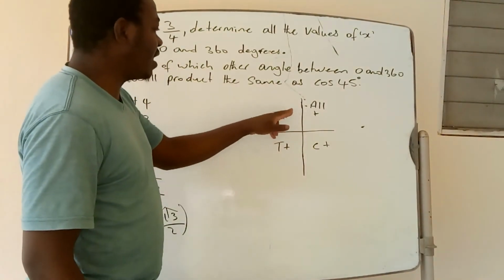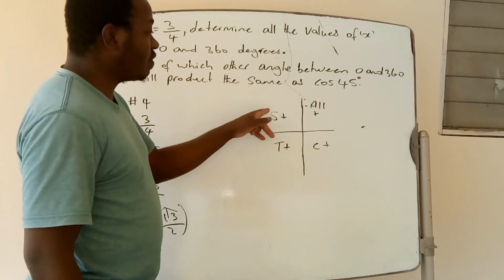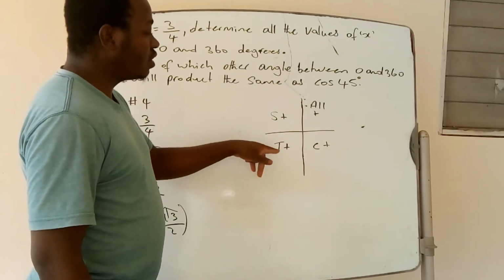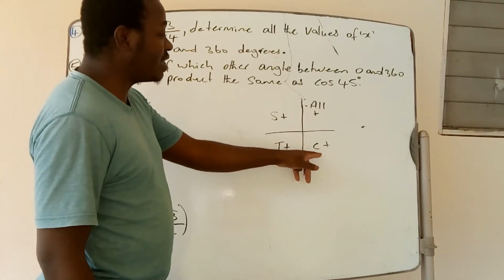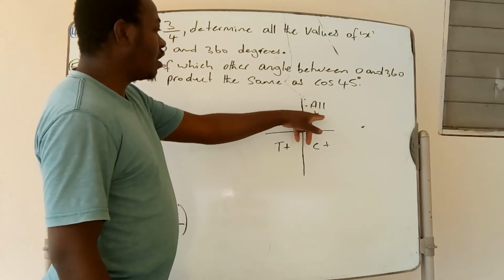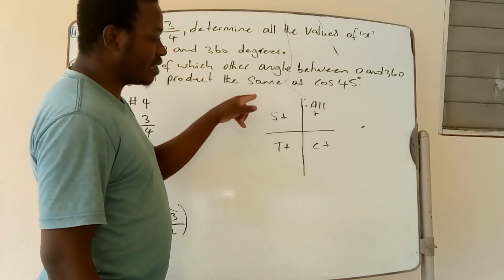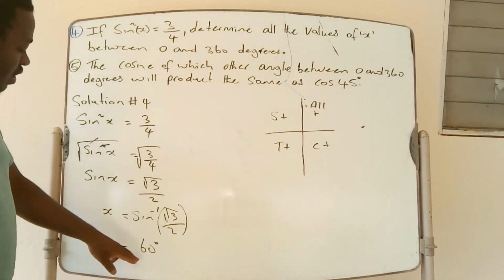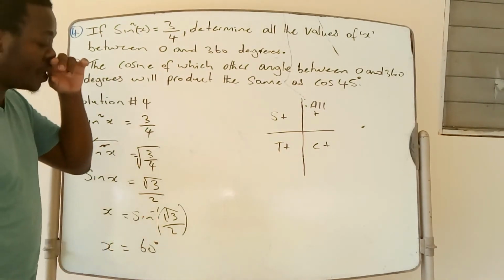Now, it means that if sine alone is positive in the second quadrant, sine is negative in the third quadrant, and sine is negative in the fourth quadrant. So sine is positive in the first quadrant and the second quadrant. But we have the value for the first quadrant already, which is x equal to 60 degrees.